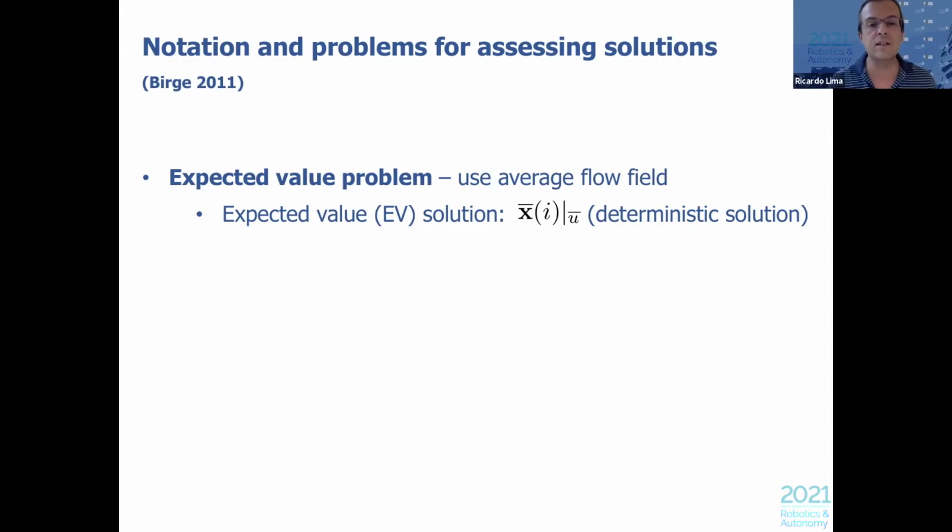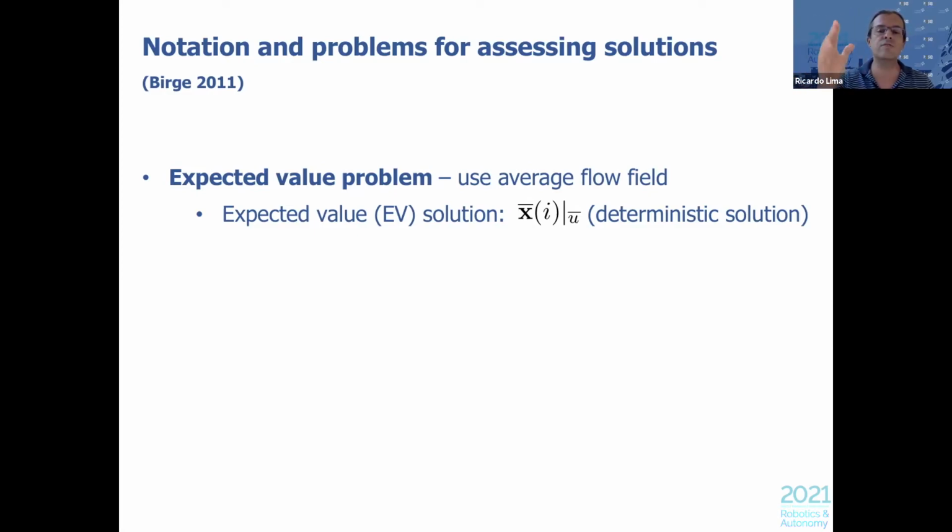So the first alternative is what we did in part 1 and part 2, right? That is, we solve the expected value problem, where you use only the average flow field in your model. So this gives you the expected value solution. But now you can pick this expected solution, that is, in our case, the path, and you can solve an optimization problem where you fix the path and you solve this problem for each forecast of the current that you have.